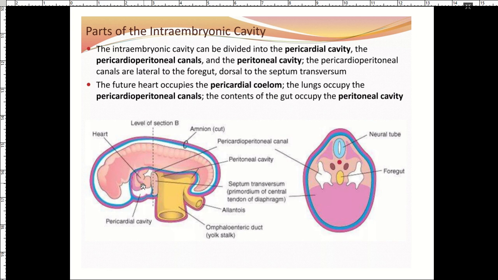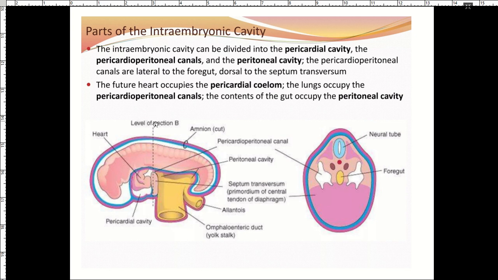So it can be divided into the pericardial cavity, right? And then we are going to have what you call the pericardioperitoneal canals. Pericardioperitoneal canals.